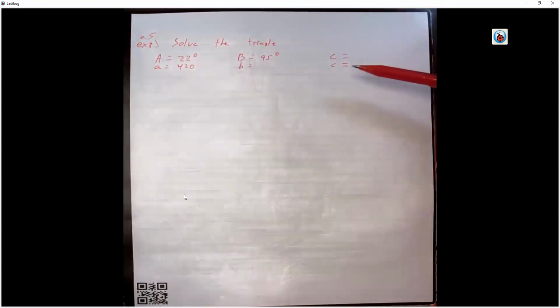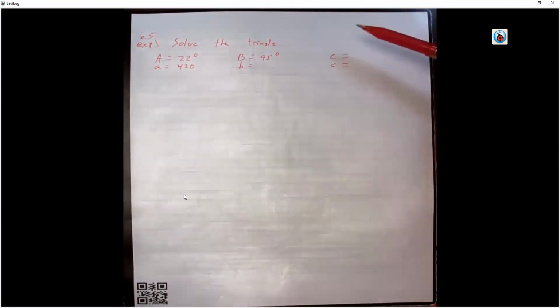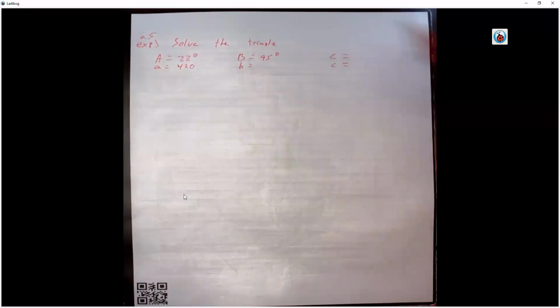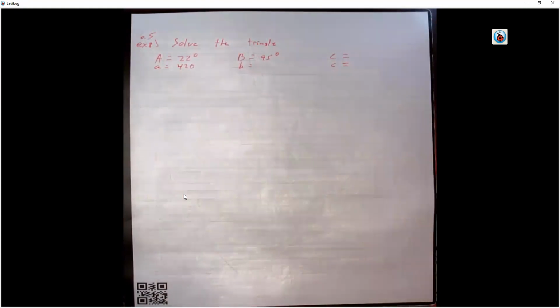Could you use log cosine currently? No, we can't. You need to have at least two sides to use log cosines. If you're missing two sides, you cannot do log cosine. And if you want to find angles with log cosine, you need all three sides. Keep those ideas in mind. I'm not going to tell you what to do. You need to know when to use what.